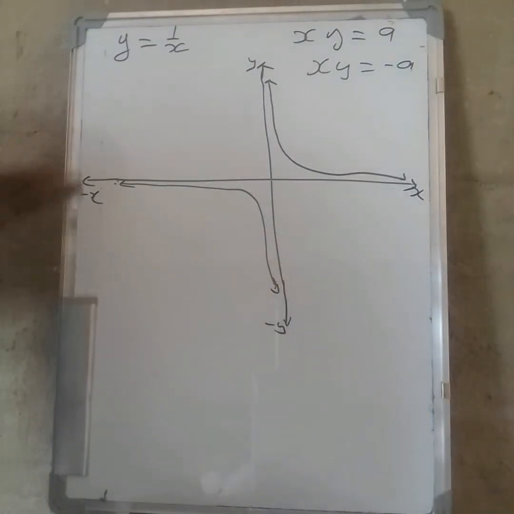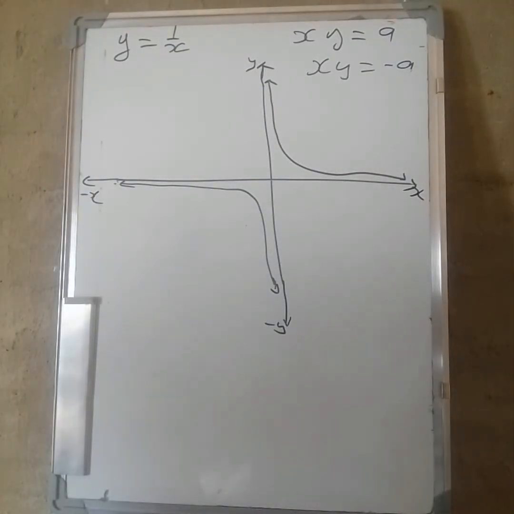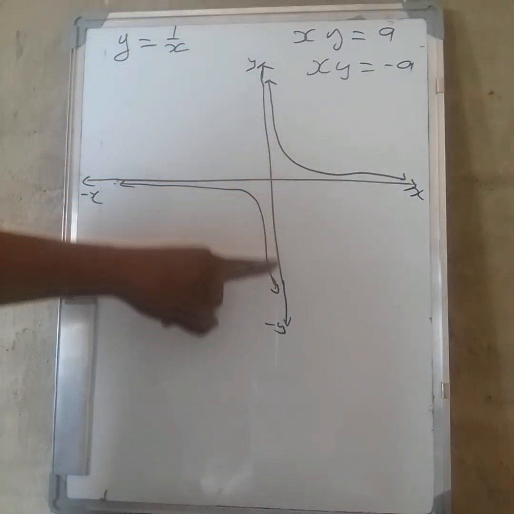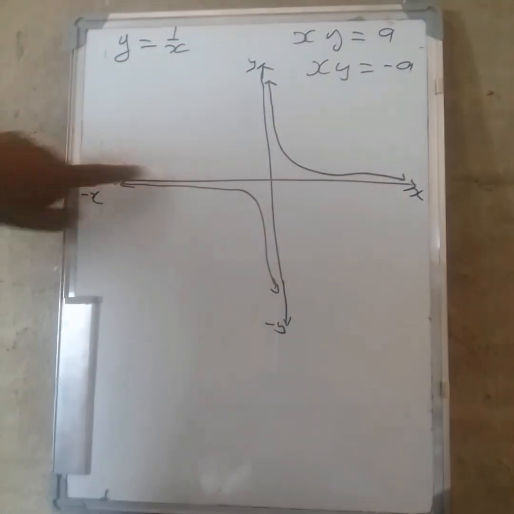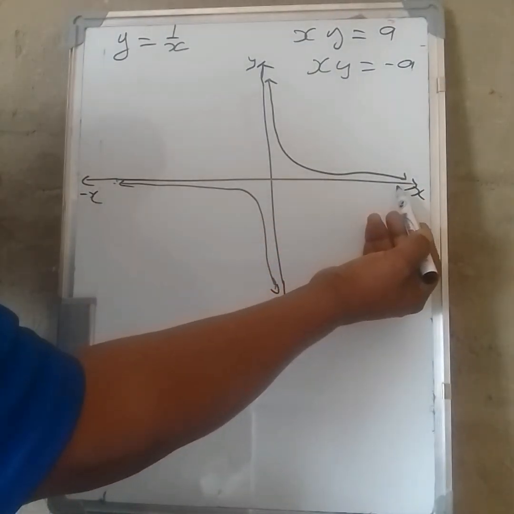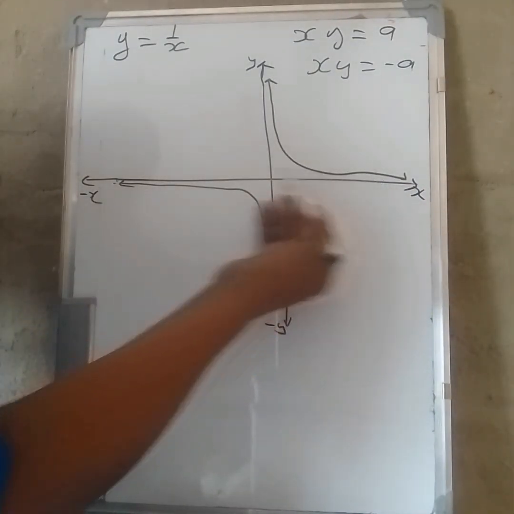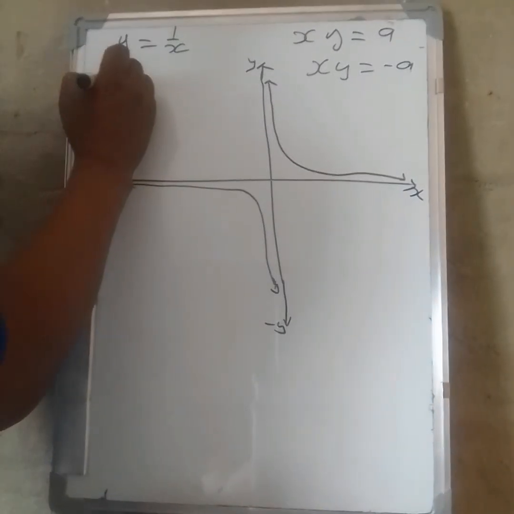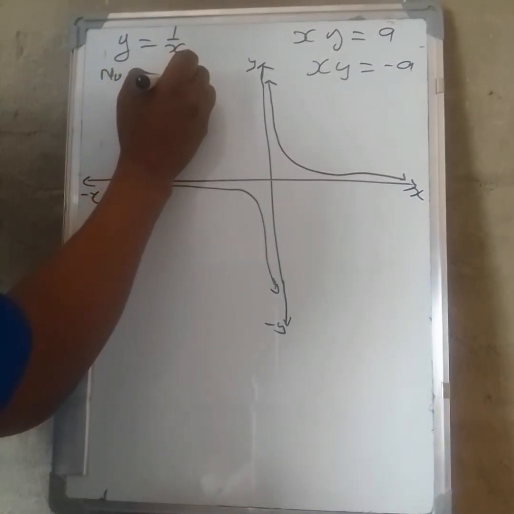And then what I want us to look at is this part. This graph is not touching the x-axis. What does that mean? It means there is no x-cut or x-intercept.